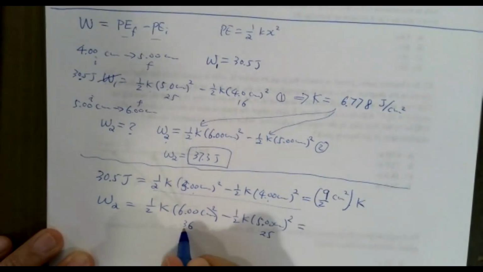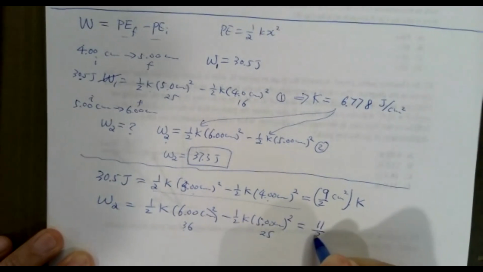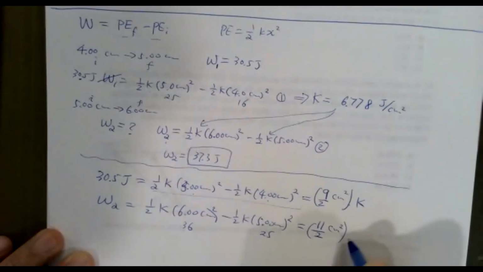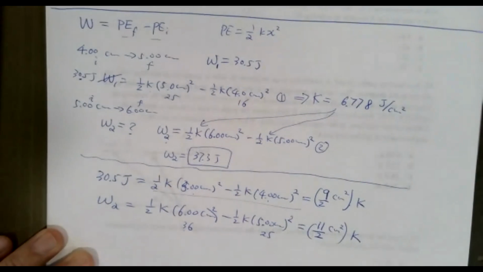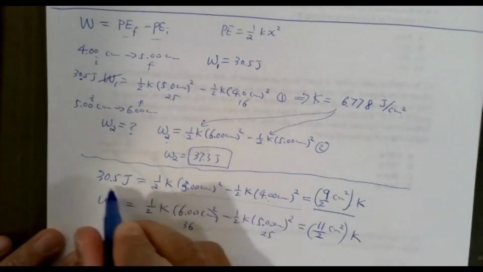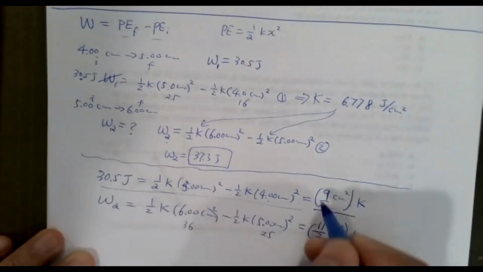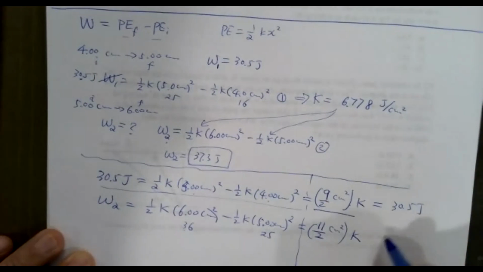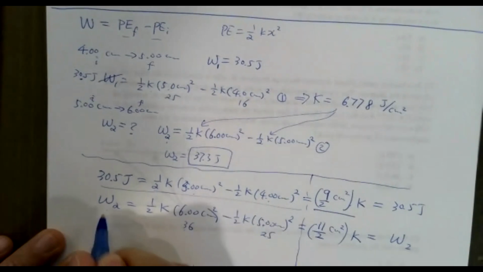So 36 minus that gives you 11. So 11 over 2, okay? Centimeter square times K. So the right-hand side of the equation should be equal to the left-hand side, right? So let me put the line there, equals 30.5 joules. And this should also be equal to its left-hand side, so W2.